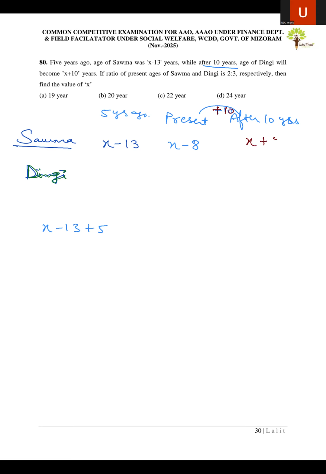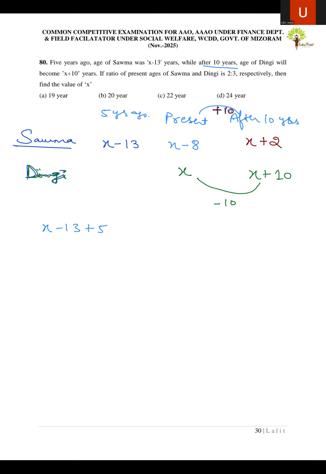All right. Now let us talk about Dingy. They're saying age of Dingy after 10 years will be x plus 10. So this is after 10 years, x plus 10. Now, if I go to the present, that is before 10, it will be x. Just subtract 10.